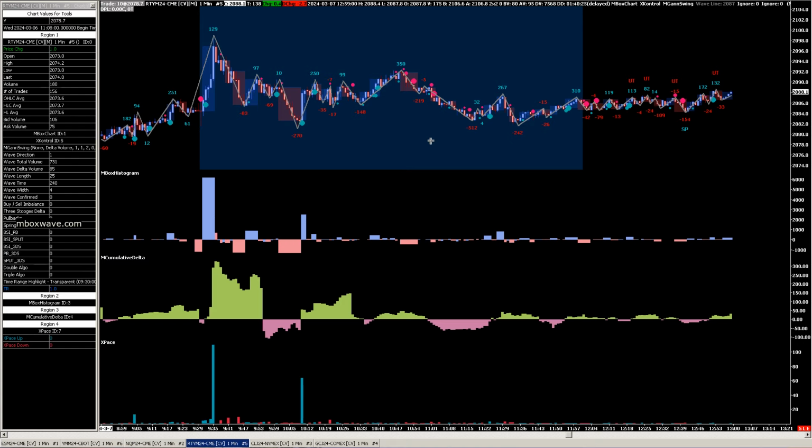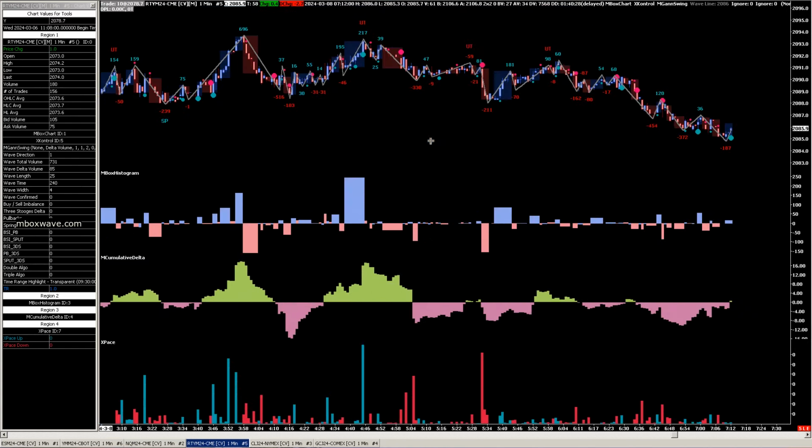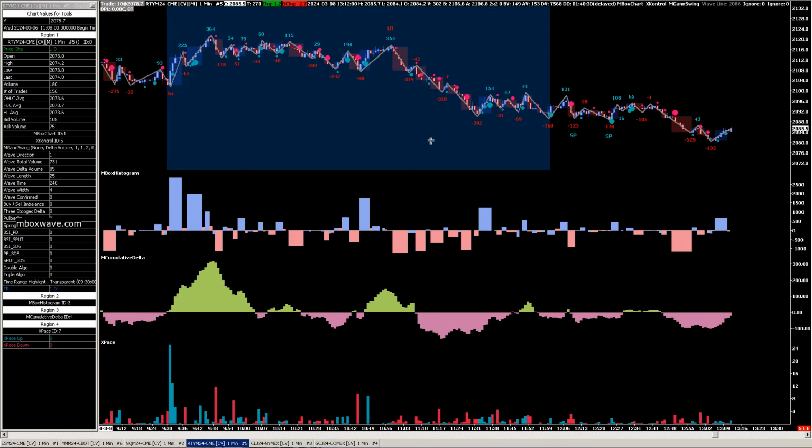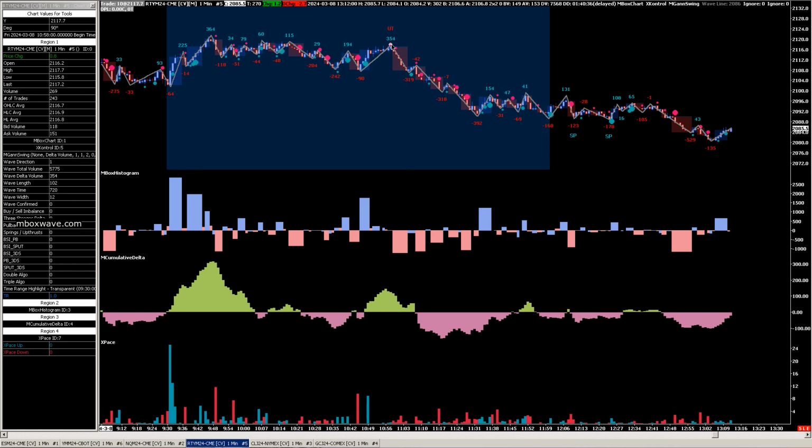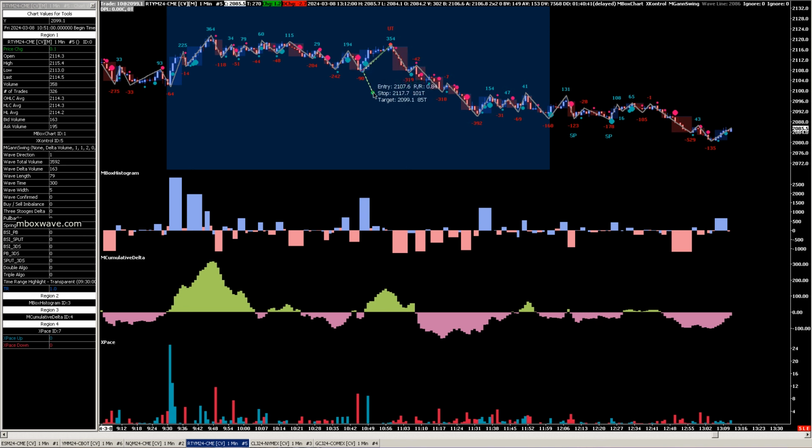There's no signals on this day, so it's a no trade day. Let's look at the 8th. The 8th looks pretty good. We had the upthrust here. So we would have entered here, and we would have gone for the 1-to-1 here, 101 ticks. That did pretty good.